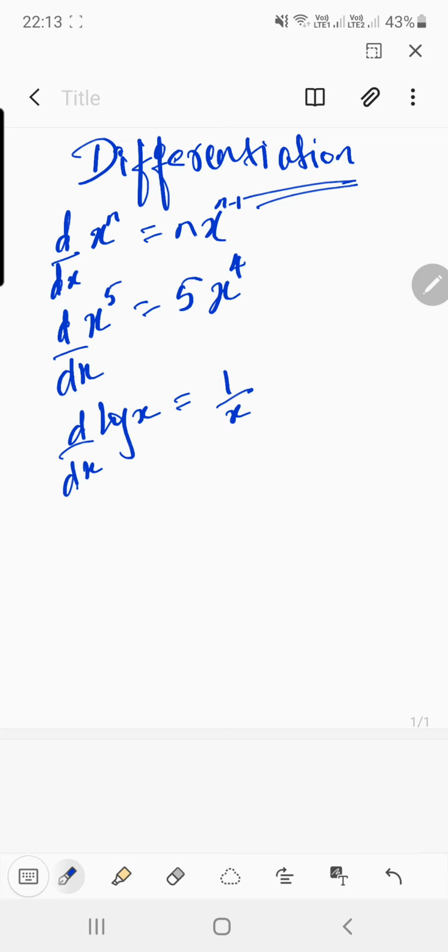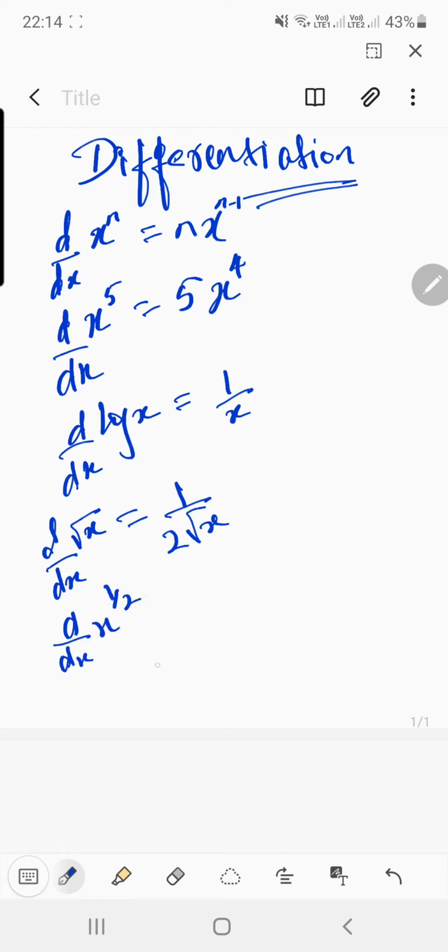Next one, let's say you have to take the derivative of root x. What would be the derivative of root x? According to the formula, it is 1 upon 2 root x. How do we get this? Well, it's quite simple. Root x is as good as x to the power of 1 by 2.